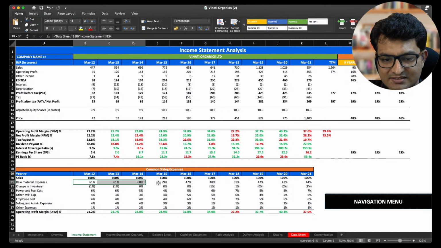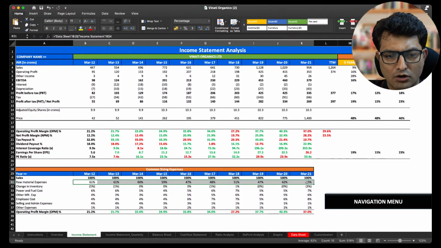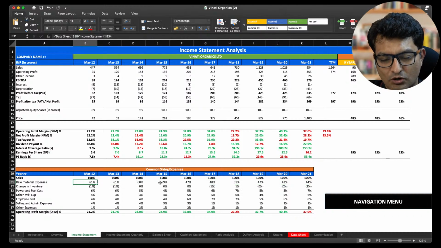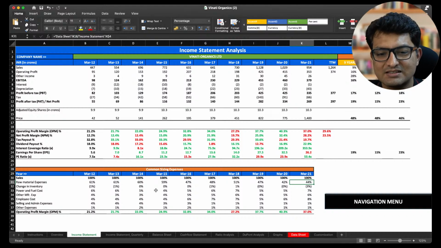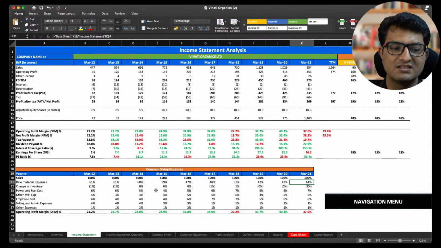Now you can see this is a decreasing trend. Can all of you see this? From 61, it has gone to 59, 47, 42 and 44. So you got your answer. Ask why. And you got your answer: either the raw material prices of this company are consistently going down, or the sales margin is going up. Any one of the things is happening.